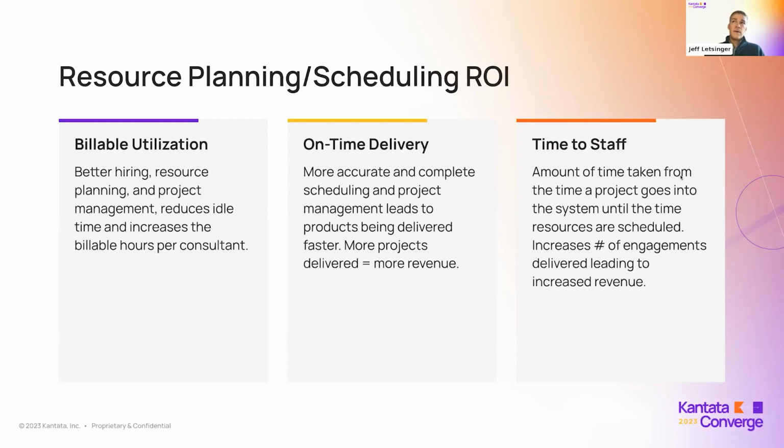And then the third, which we won't talk too much about today, but certainly is a typical KPI related to resource planning and scheduling, is time to staff. The turnaround time from when a project goes into the system until the resources are scheduled on that project. Ultimately, this can allow an increase in the number of engagements that we can deliver if we're able to reduce the amount of idle time we have with open roles waiting to be staffed on a project.